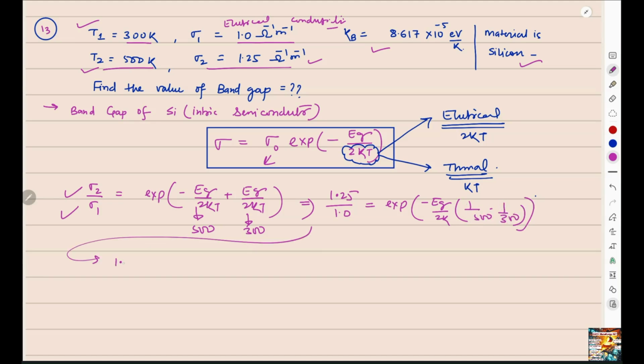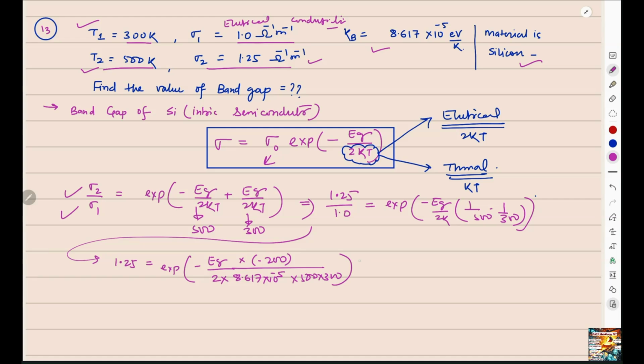Now we can write 1.25 equals exponential minus Eg by 2 into 8.617 into 10 power minus 5, the Boltzmann constant, into 500 into 300.